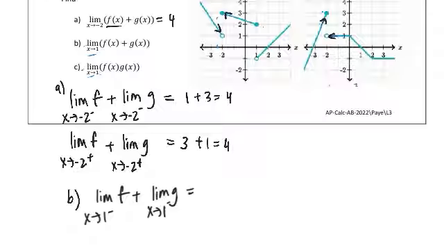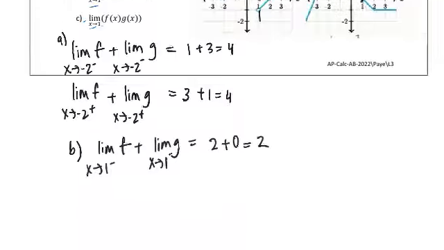So this is equal to, from the left, f is approaching 2 for y. And then in this one, at x equal to 1, I'm approaching 0 on g. So this is equal to 2.